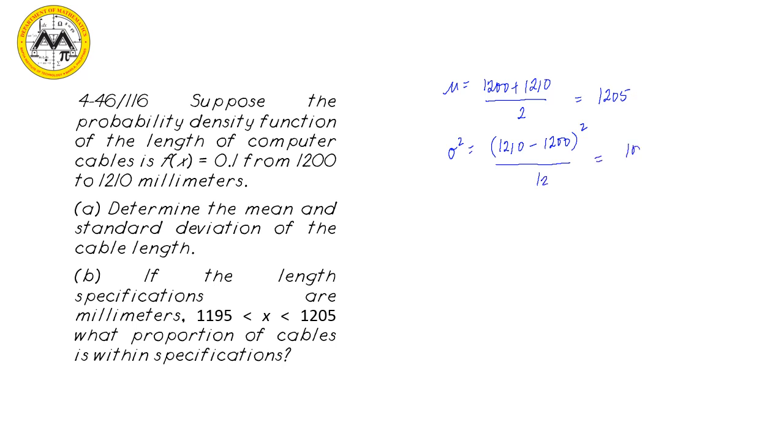So this is 100 over 12. So for the standard deviation, it would be the square root of this. So that's 5 square root of 3 over 3, which is equivalent to 2.8868.